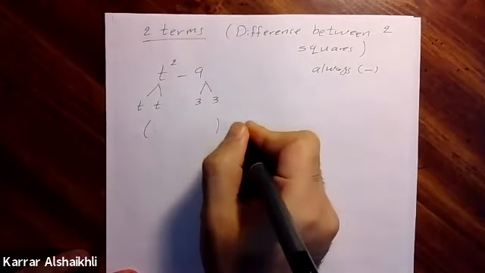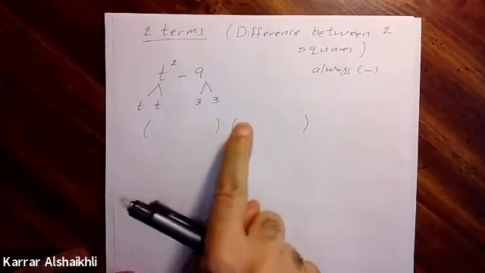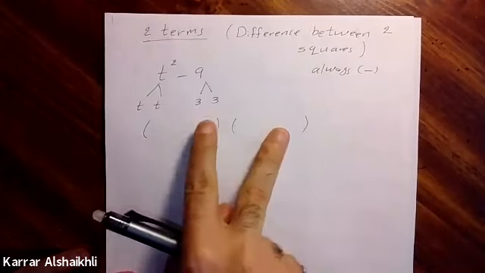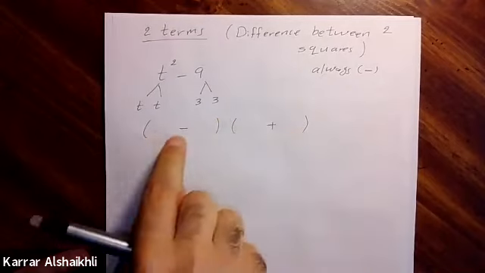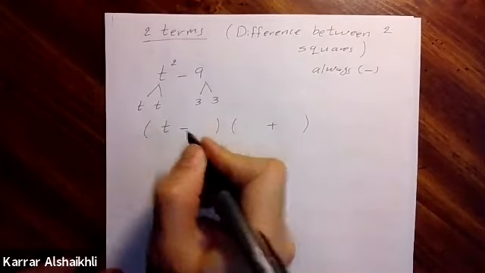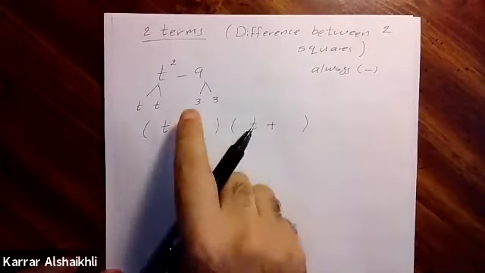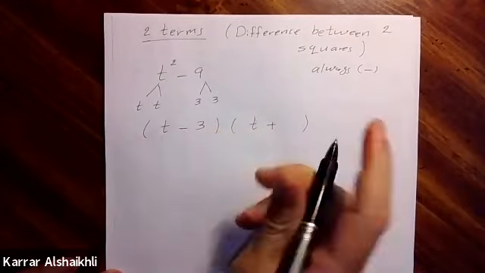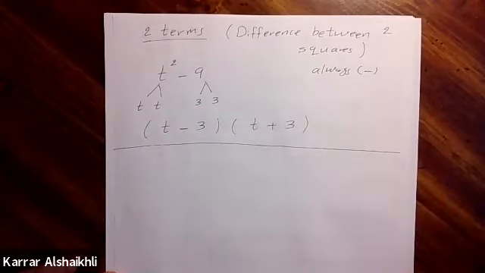I'm just going to open two parentheses, and you're going to put minus in one parenthesis and plus in the other, and it doesn't matter where the minus and where the plus goes. One t goes here, and the other t goes to the other side. One 3 goes here, and the other 3 goes to the other side. That's it. We're done.